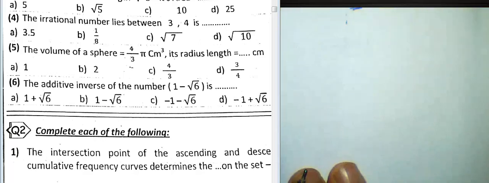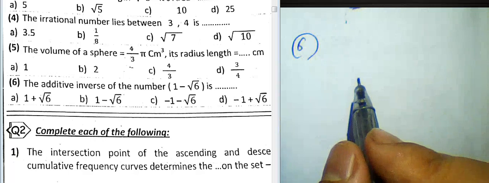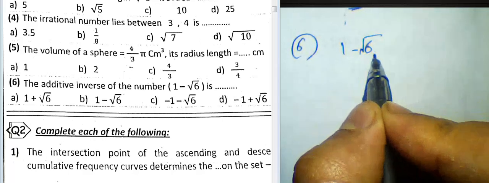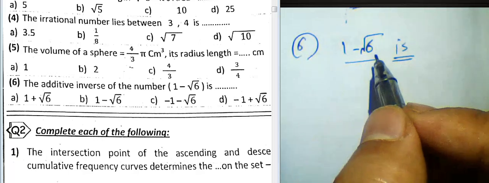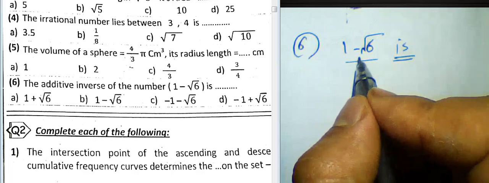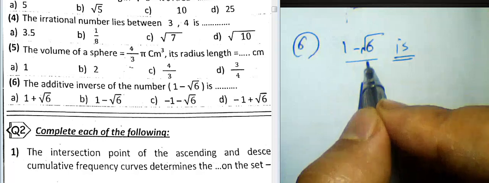Look at question number 6. The additive inverse of the number 1 subtract root 6 is what? We want to find the additive inverse of the expression 1 subtract root 6. We must change the sign of 1 and negative root 6.